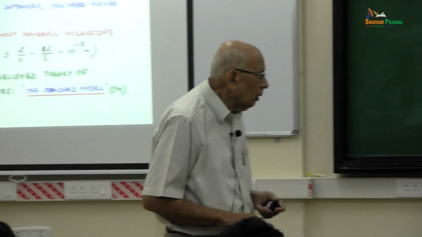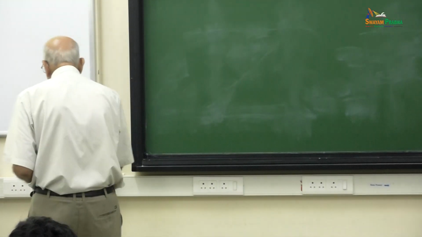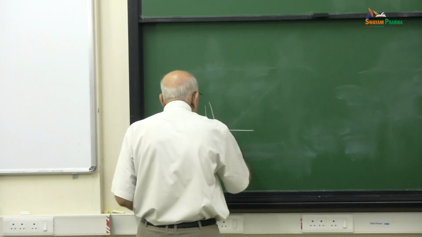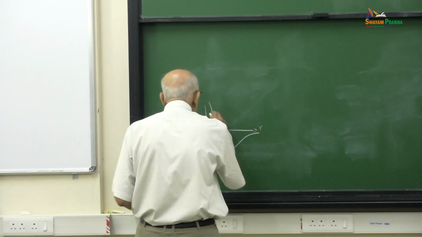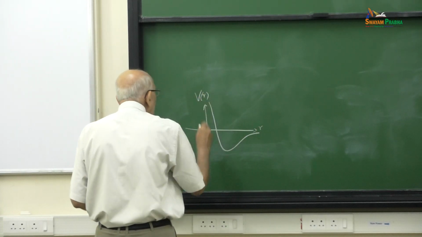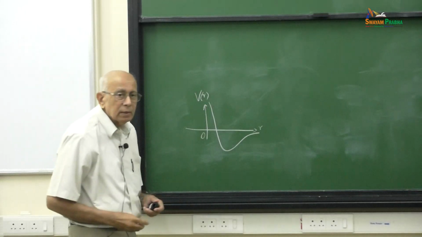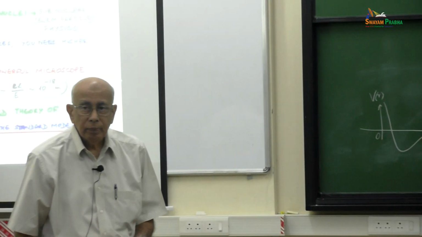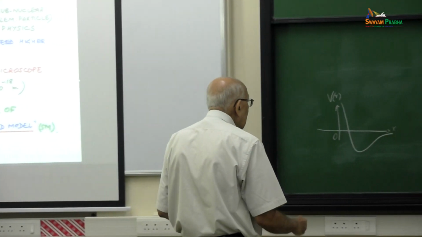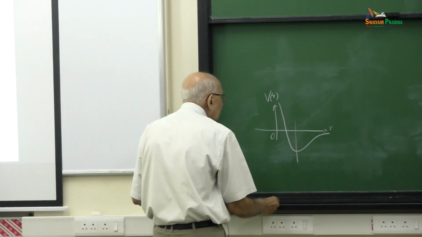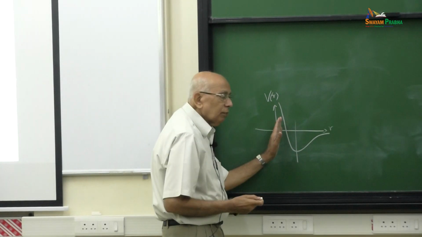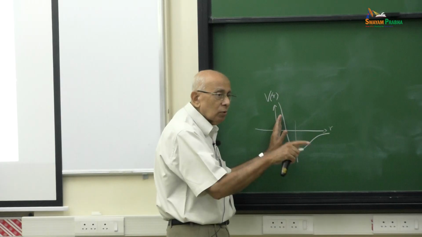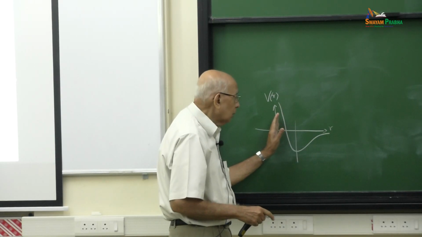In quantum mechanics, if I put a particle inside a potential well of this kind, which is due to some other particle in its vicinity, this is the equilibrium point here, because until here the force is repulsive. It's minus the derivative of this potential, which is negative. So you get a positive force outwards and it's unstable. It pushes it out.